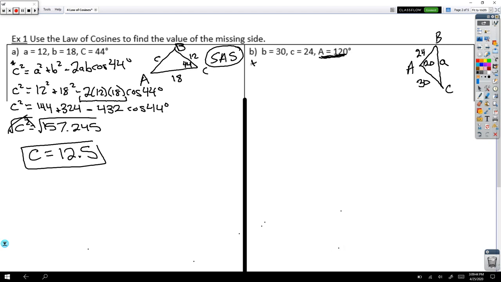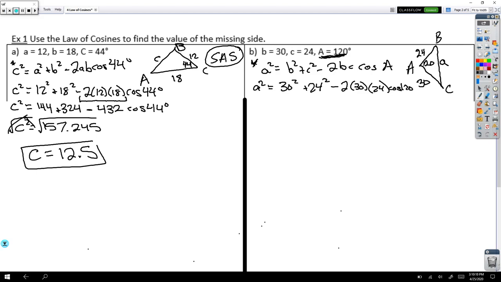So I want to pick the formula that starts with A squared equals. So B squared plus C squared minus 2BC cosine of A. Plugging everything in, A squared equals 30 squared plus 24 squared minus 2 times 30 times 24 cosine of 120. Doing a little bit of calculating in the calculator here.